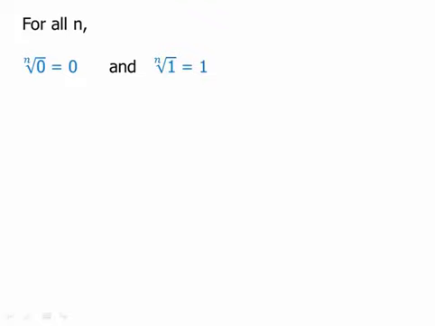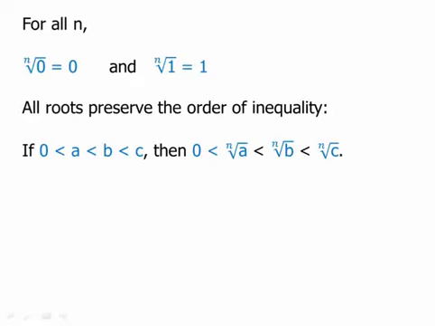So that is true for all values of n. All roots preserve the order of inequalities. So if we have 3 numbers in a row, as long as they're positive numbers, we take the roots of them, as long as it's the same root we're taking of each number, then they remain in that same order of inequality.